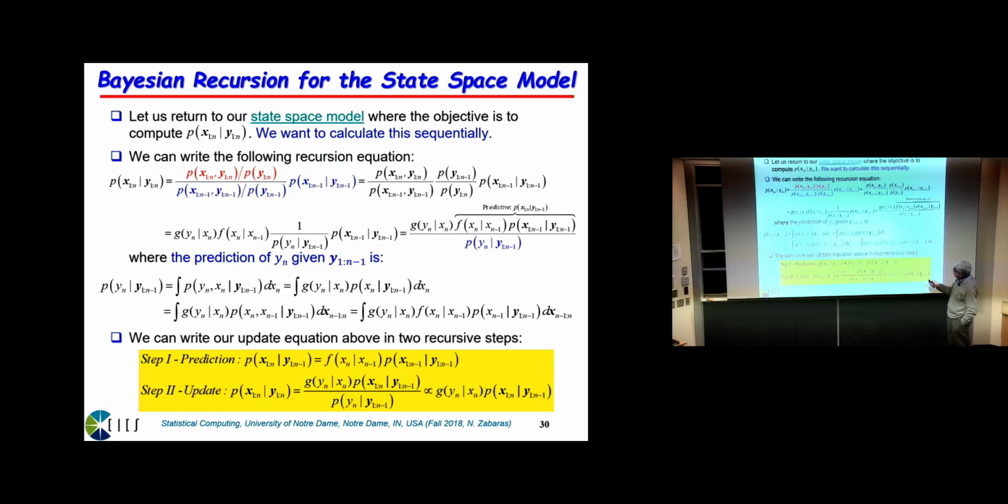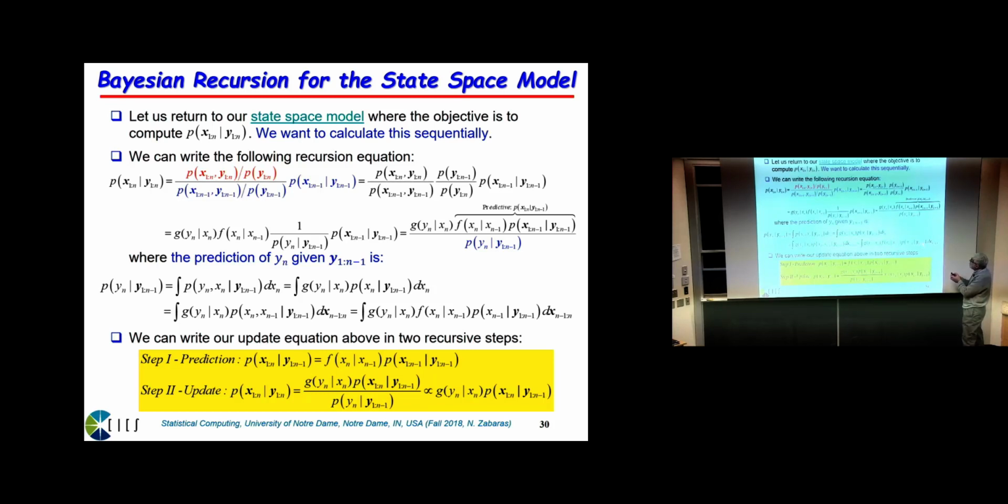So here there was integration on xn, and because we plug in an xn minus 1, we're going to integrate over n minus 1 and n. And then I use again the product rule of probability, and I write this as the probability of xn given xn minus 1 and all of this. And of course xn only depends on xn minus 1. And then what you have is the probability of xn minus 1 given y1 to n minus 1. Okay?